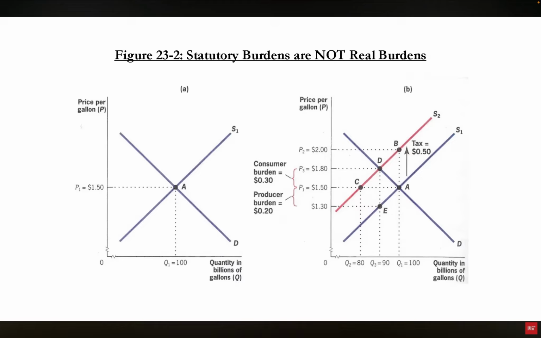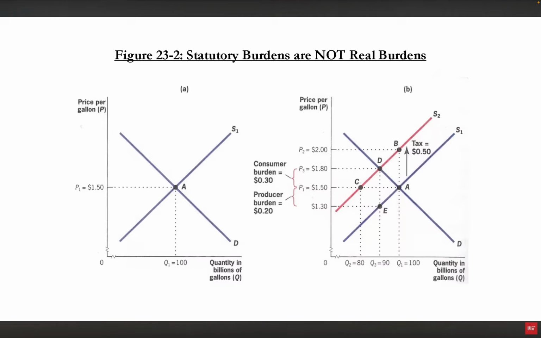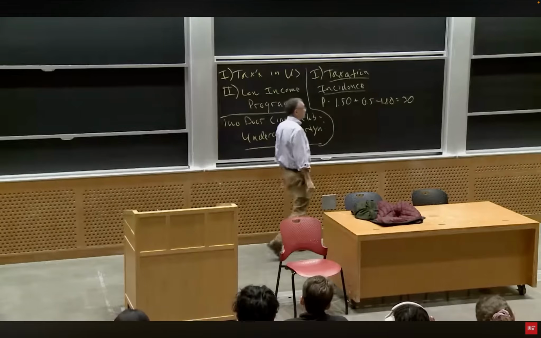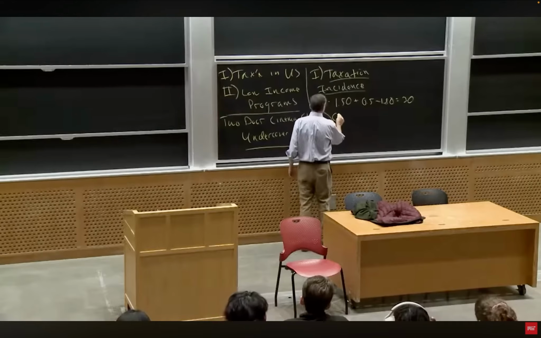And you can see that if you look at the graph. The producer used to get $1.50. Now they get $1.80. So they get 30 cents more a gallon, but they have to send 50 cents to the government. So on net, they're out 20 cents. What's the consumer burden?